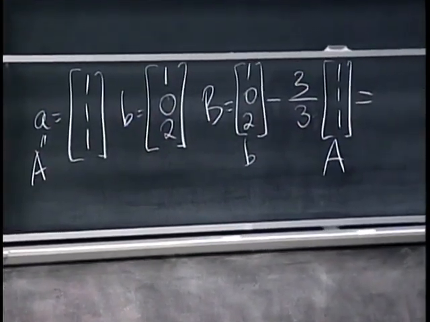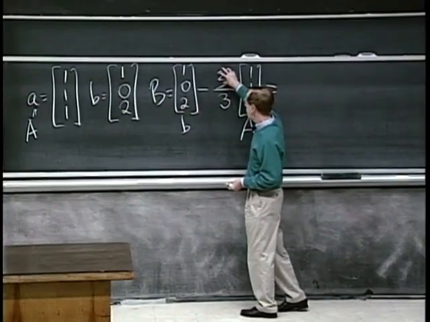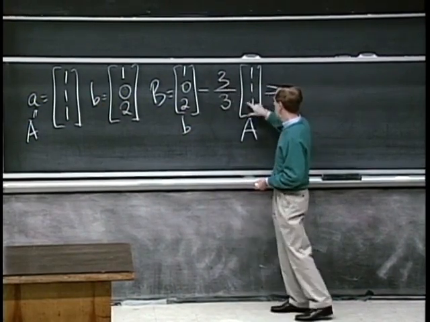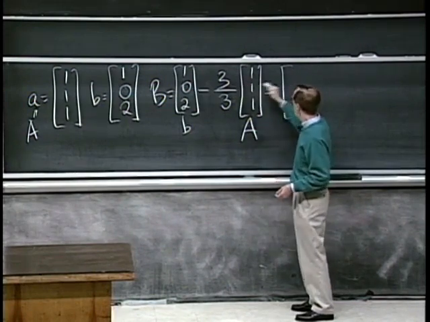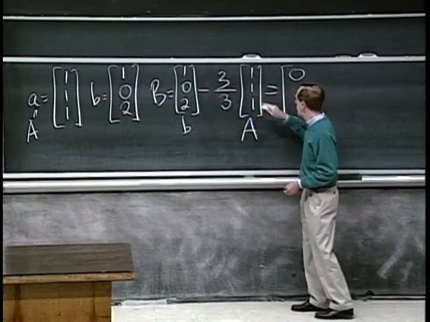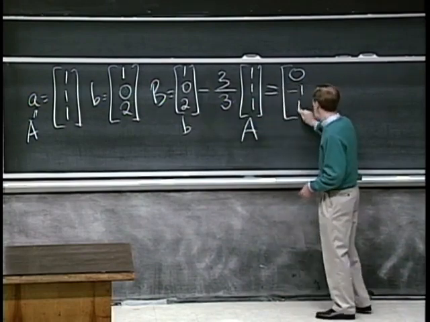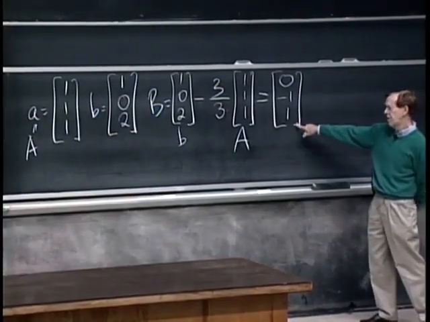Why should we knock it? Okay, so do you see it all right? That's A transpose B. There's A transpose A. That's the fraction. So I take this away, and I get 1, take away 1 is a 0. 0 minus this 1 is a minus 1. And 2 minus the 1 is a 1.